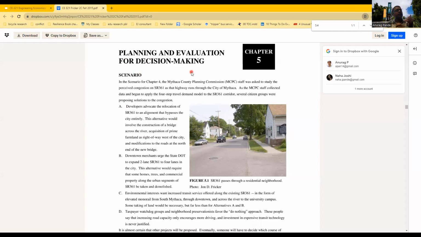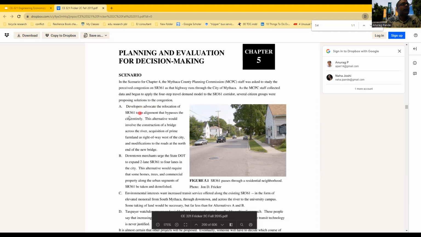But then there is also this idea of different groups, what we call different stakeholders. For example, several citizen groups were proposing solutions, and all of those have a different viewpoint around what type of solutions they want to advocate for. For example, the developers advocate the reallocation of SR 361 to an alignment that bypasses the city entirely.